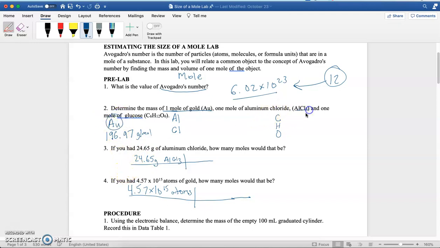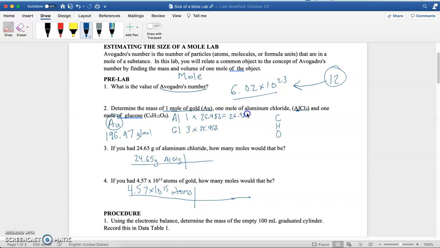For aluminum chloride, it's a little bit trickier. You have to count, okay, there's 1 aluminum in the formula and 3 chlorines. So now I look up aluminum. Aluminum's mass is 26.982 and chlorine is 35.453. Now I multiply, because there's 1 aluminum, I multiply 1 times its mass.